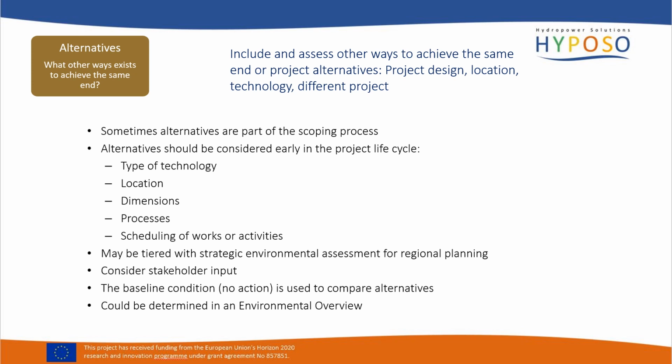So the dimensions, but in some cases, it also can be on scheduling the works or activities. That could be one way to reduce impacts. For example, in rivers where fish migrate to reproduce in a certain season, the constructions should avoid activities in that season to not interfere with the migration of fish.